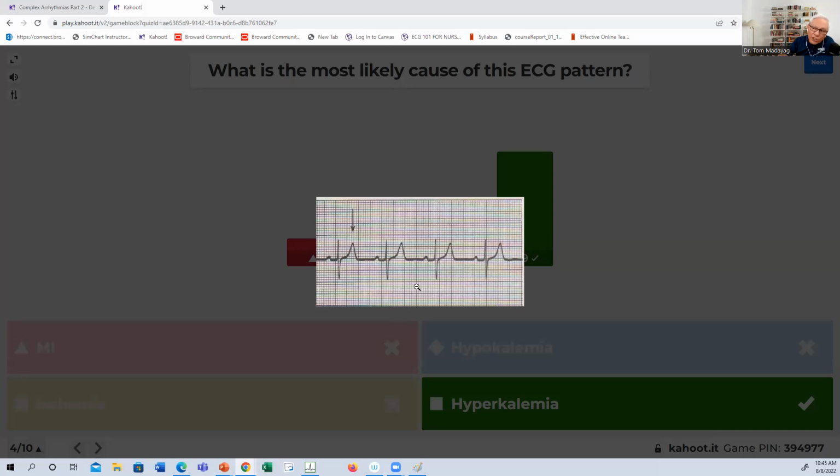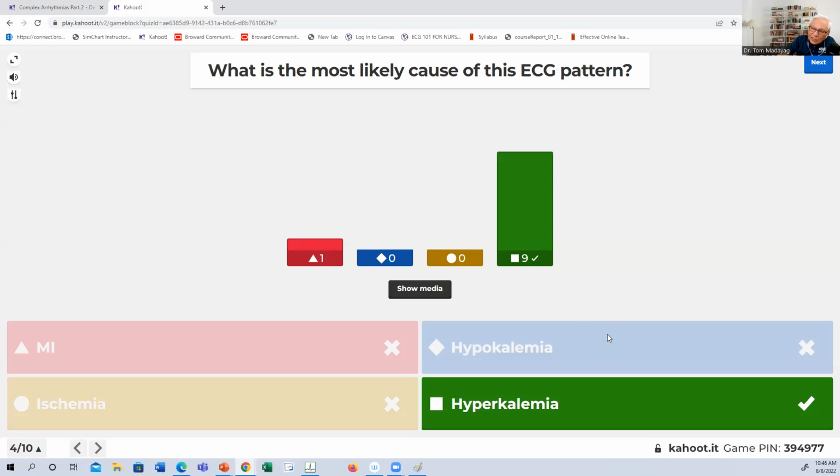In this situation, the T wave exceeds 50% of the height of the R wave, and therefore we classify this as a tall T wave. A tall T wave is the manifestation of hyperkalemia. And 9 of you got this correctly, so that's great.